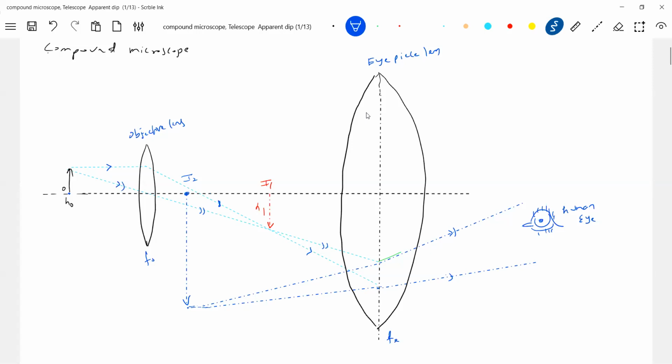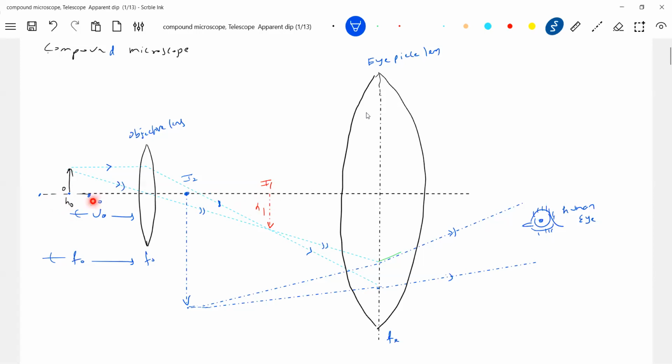There's an object distance u0 and a focal length f0 here. Don't bother about the instrument now. Two lenses are there. If I keep an object at a distance less than f0, is a real image I1 on the right-hand side possible? No, it becomes virtual. So f0 should come here.